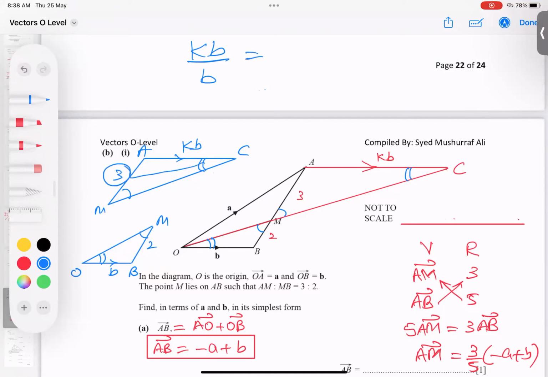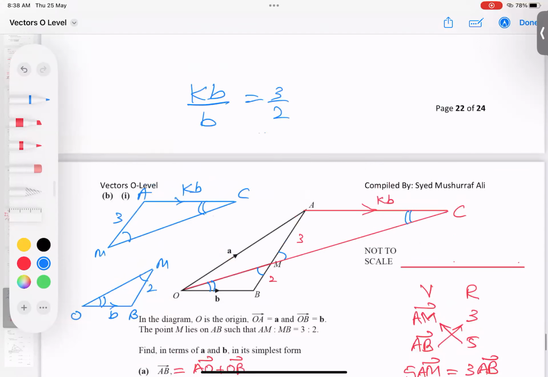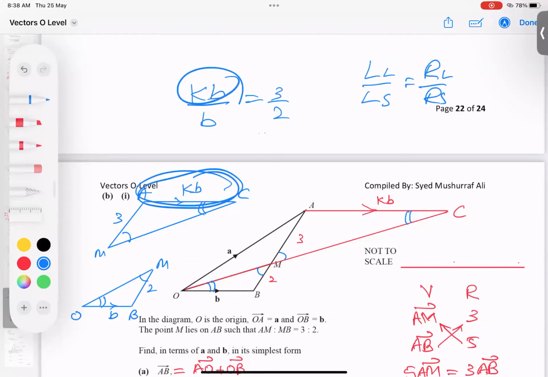In front of double, 3 up. In front of double, 2 down. I repeat. You know the basic criteria: length of large by length of small, ratio of large by ratio of small. So length of large is this, I'm keeping up, and length of small is this, I'm keeping below, and then ratio of large by ratio of small.